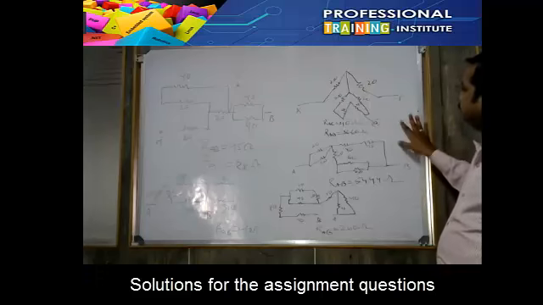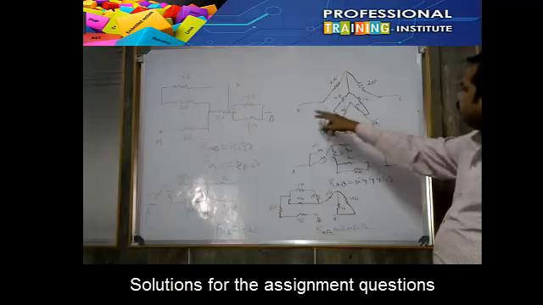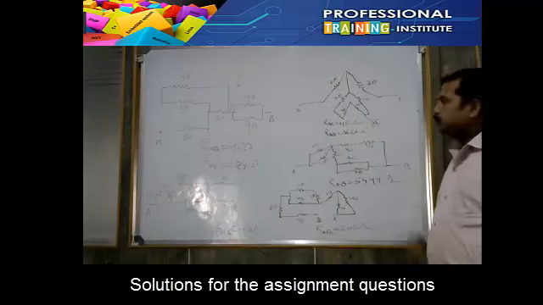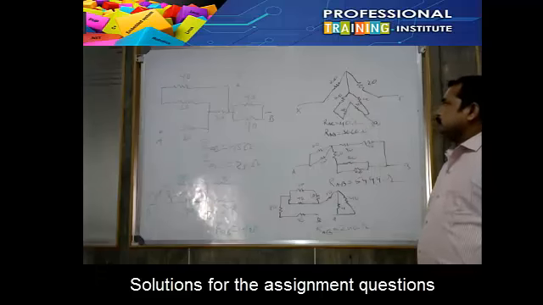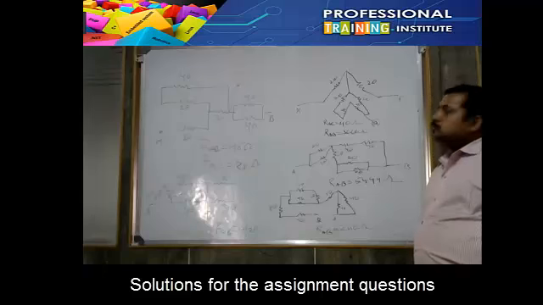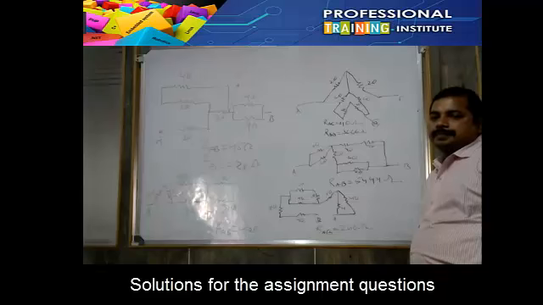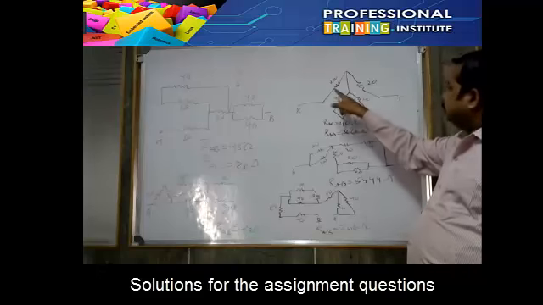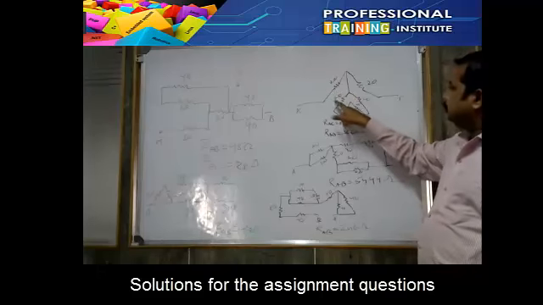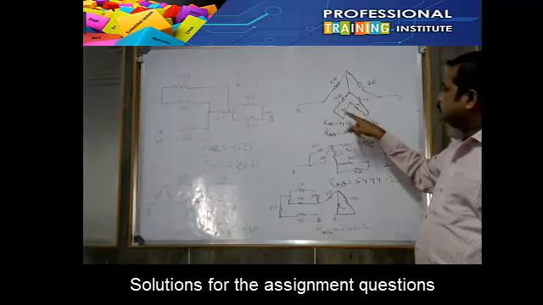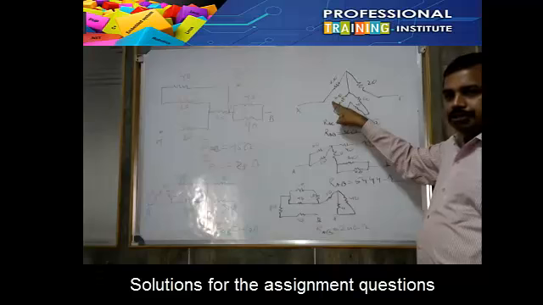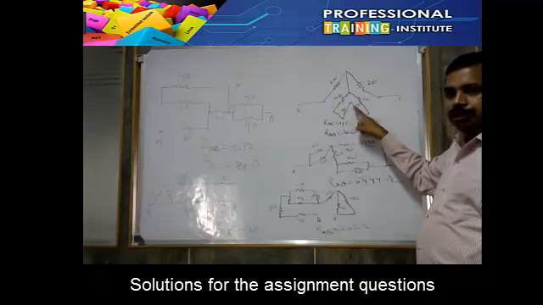RAC is 40. Fine. And RAB is, what is the approach, Sujay? For RAB, what is the approach? This 20 is in series with 40, this 20 is in series with this 40 and this 40.